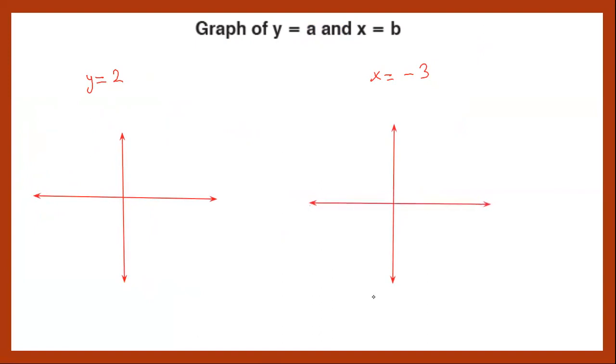Now, when you check it, is there any value of x here? No. It means this graph is definitely not going to pass through the x-axis.